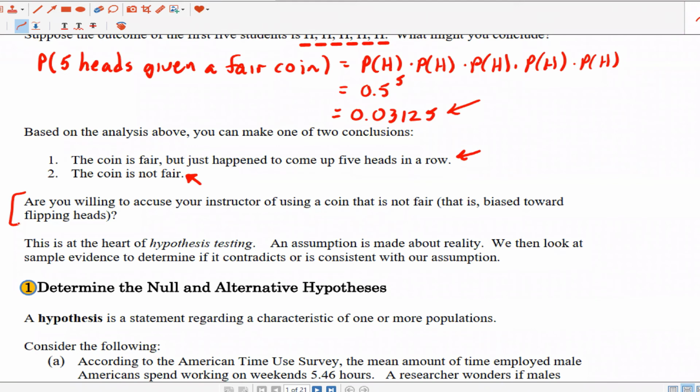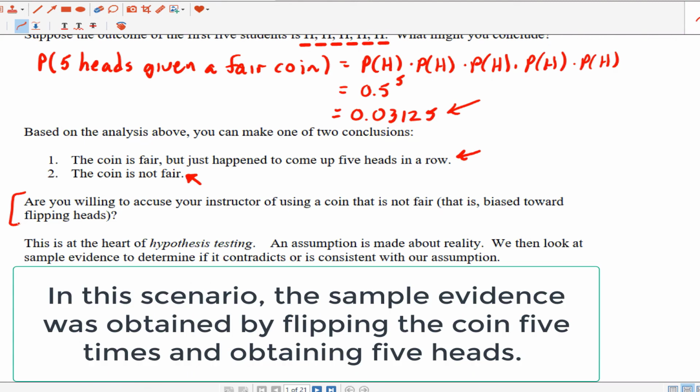And that is the heart of what we call hypothesis testing. We make an assumption about reality. In this case, the coin is fair and the probability of getting a head is 0.5. And then we collect sample evidence and judge whether or not that sample evidence is consistent with our assumption. Like here in this scenario, getting 5 heads in a row is not all that consistent with a fair coin.